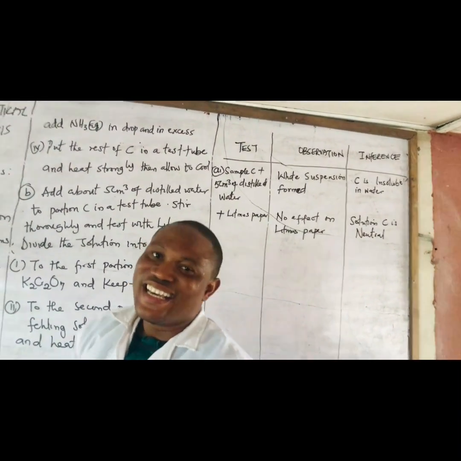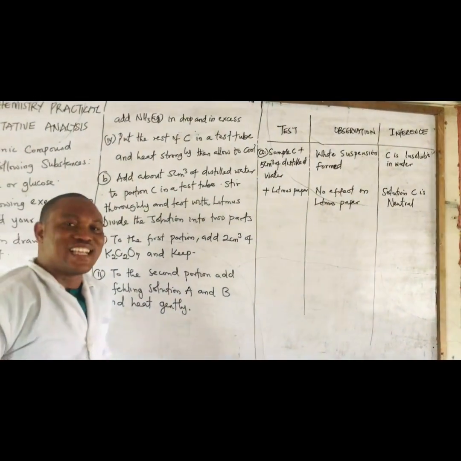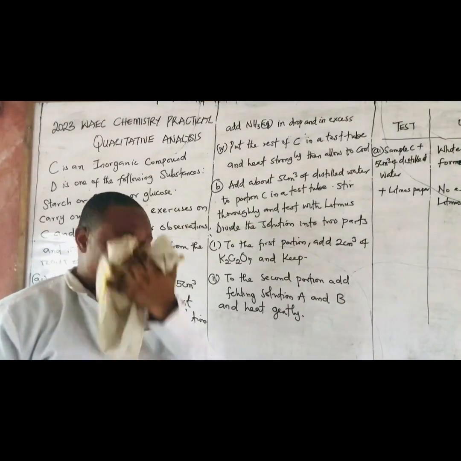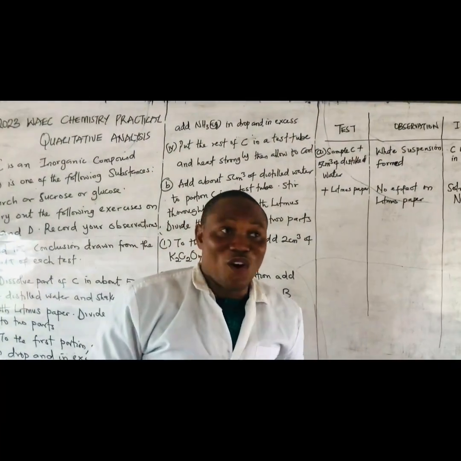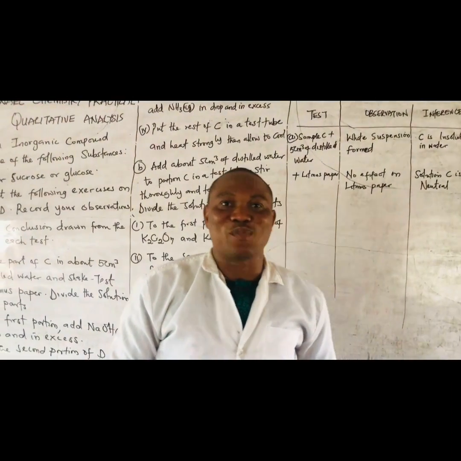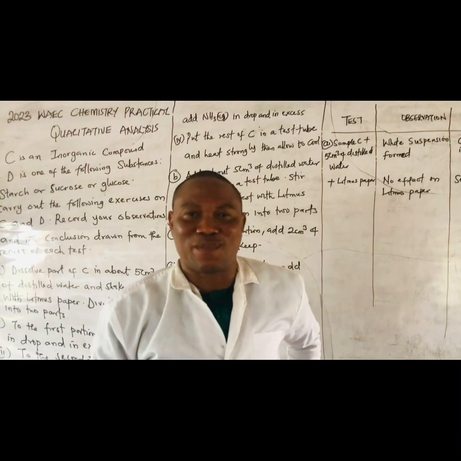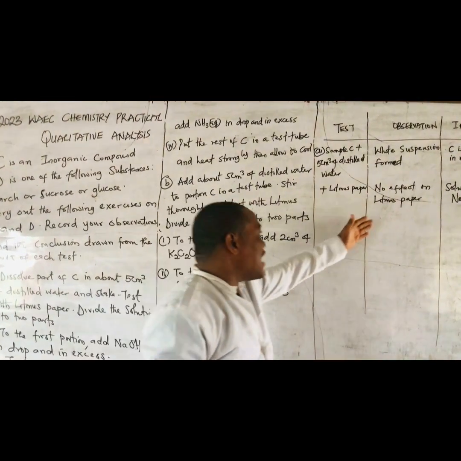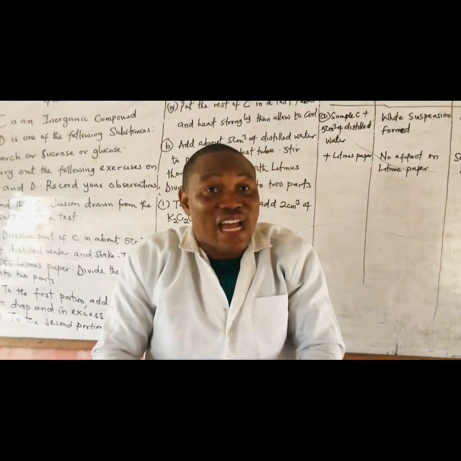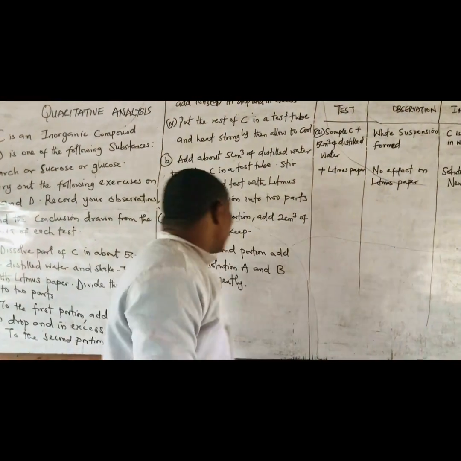And that's the interesting aspect of qualitative analysis. You can see, we are just recording what we saw. Science is so interesting when it comes to practical. I love the practical aspect. Because you cannot tell me that it is acidic. You cannot tell me it is basic, because I've tested with blue litmus paper, I've tested with red, and there is no effect. So that is sorted.